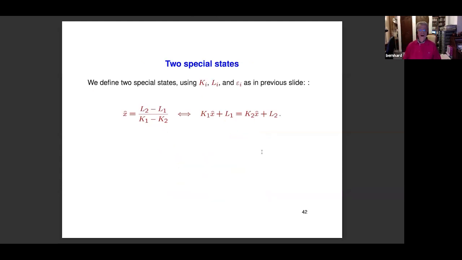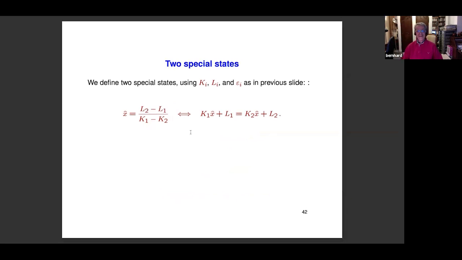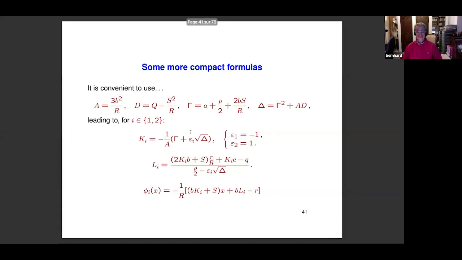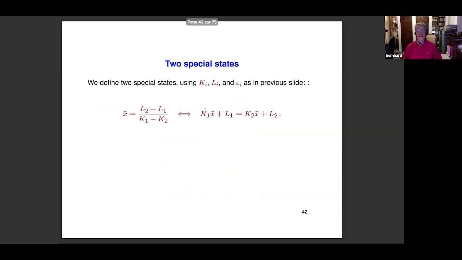So now I define two special states. The first is my x hat, which is L2 minus L1 over K1 minus K2, where L1 and L2 are the coefficients of the linear term in the value function.